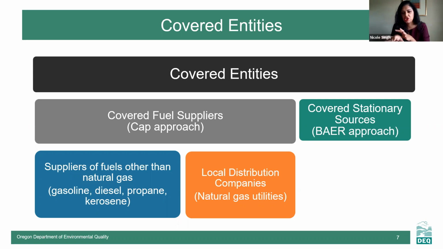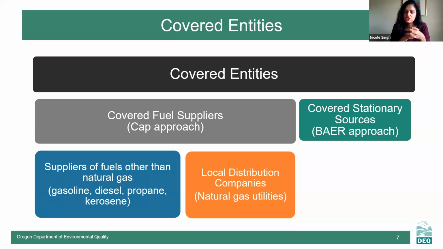What we're focusing on today are the covered fuel suppliers, who use compliance instruments, the CAP approach. We have a CAP and we distribute compliance instruments, and you all have to use those compliance instruments, or CCIs, to show compliance with the program.